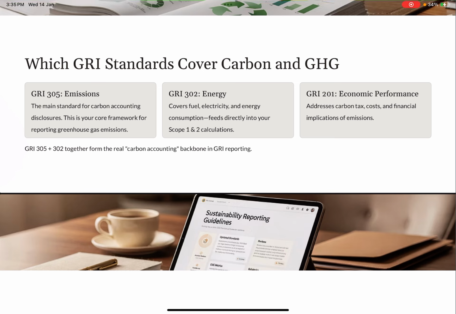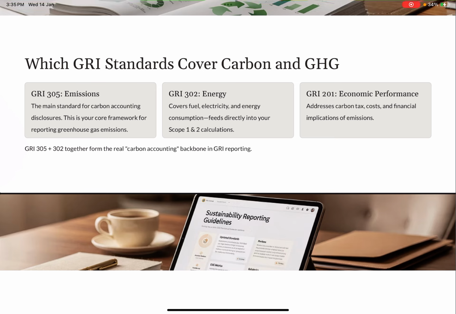There are other standards also in GRI like 302. GRI 302 is about the energy which covers the fuel use and the electricity use, and it fits directly into your scope 1 and scope 2 calculations. So, together GRI 305 and GRI 302 are the carbon accounting backbone in GRI reporting.